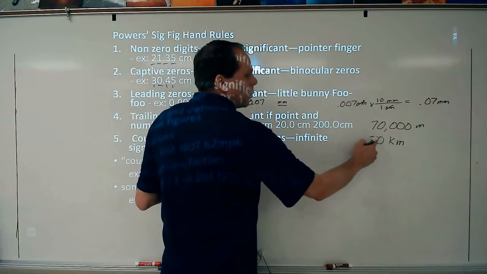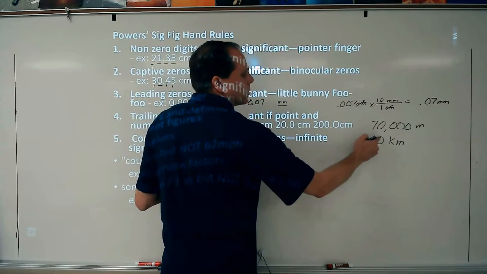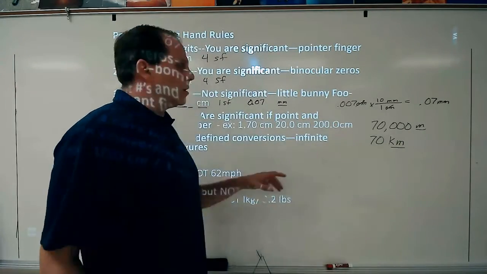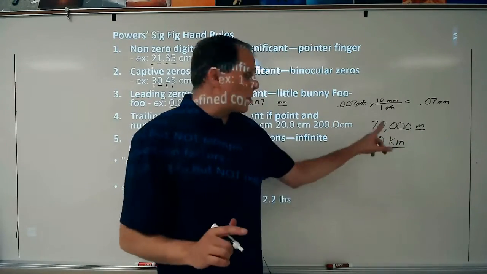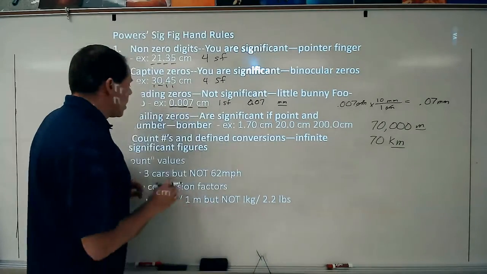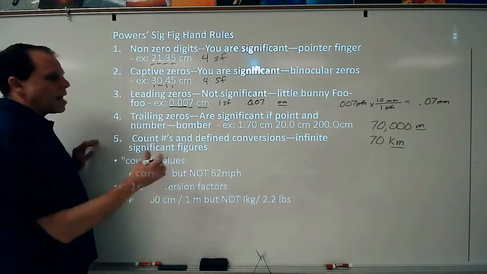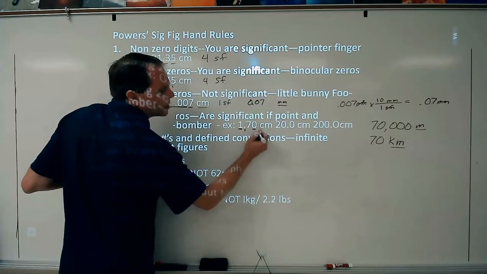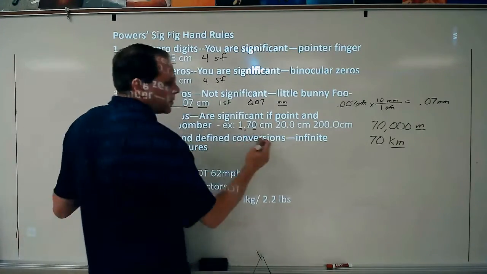Those two both have just 1 sig fig, right? There's no difference here except for the unit, and so we're just expressing it in a different unit, but they both have trailing zeros, and they both have just 1 sig fig, okay? All right, so let's talk about trailing zeros that have both a point and a number. This has a point and a number, therefore that 0 is significant, okay? 3 sig figs here.